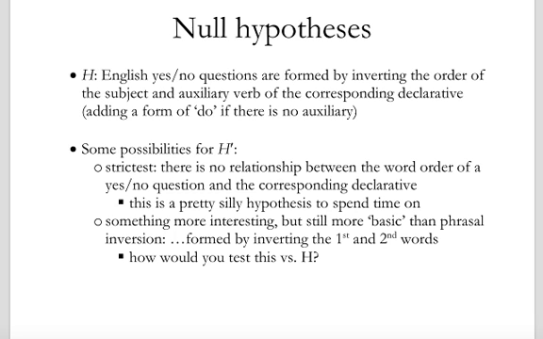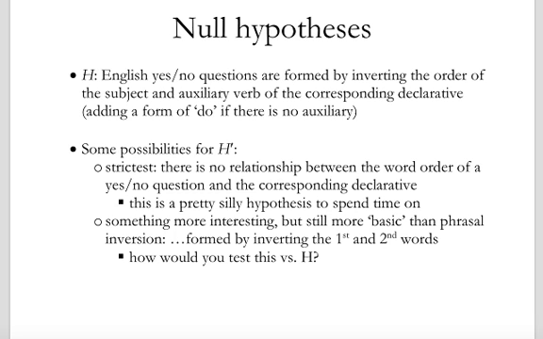Do children love? Sorry, that's a bad example because it again has that do support. Children are eating candy. Are children eating candy? So here, there's a bunch of questions where this hypothesis, reverse the first and second words, makes the same predictions as the more complicated hypothesis, invert the entire subject and auxiliary verb.